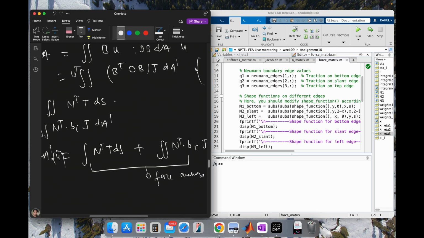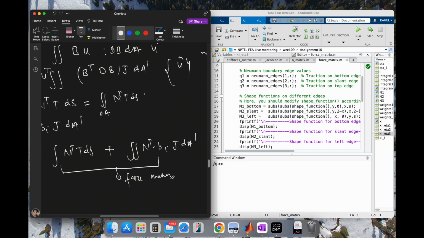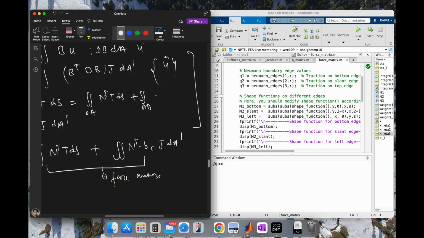we need to find it for each edge, which means it will be the integral over OA of N transpose T ds, plus the integral over AB of N transpose T ds, plus the integral over BO of N transpose T ds.